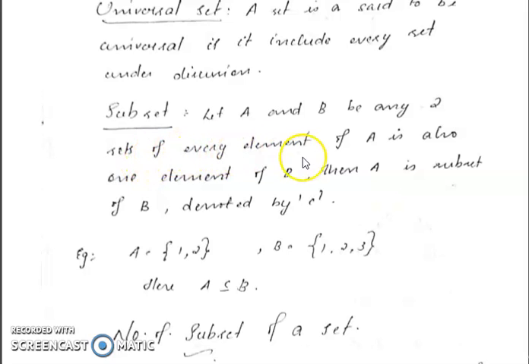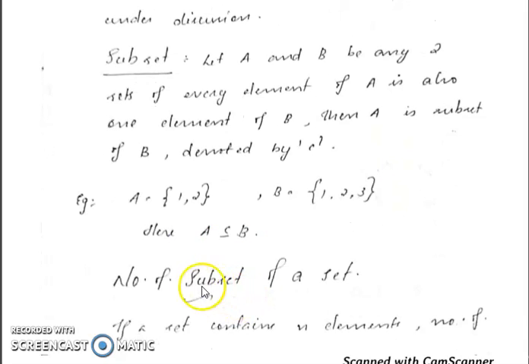If every element of A is also an element of B, then A is a subset of B, denoted by this symbol, like a C. For example, A is {1, 2}: 1 is an element of B, 2 is an element of B, so A is a subset of B.